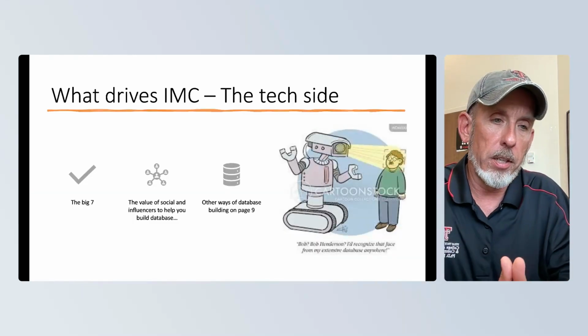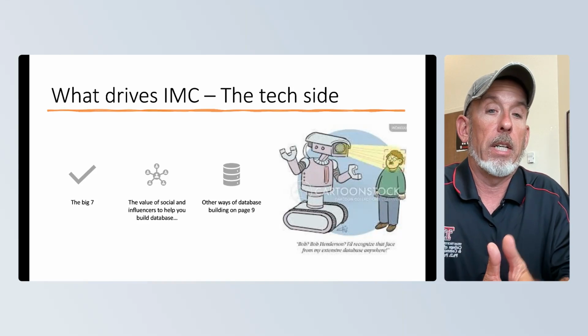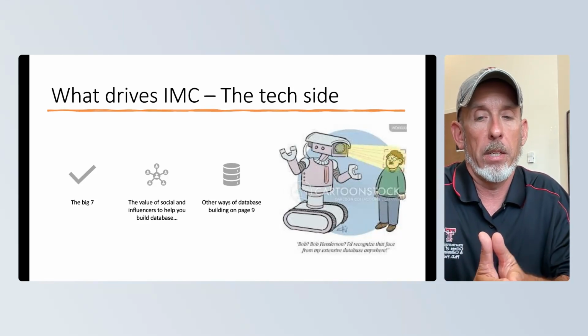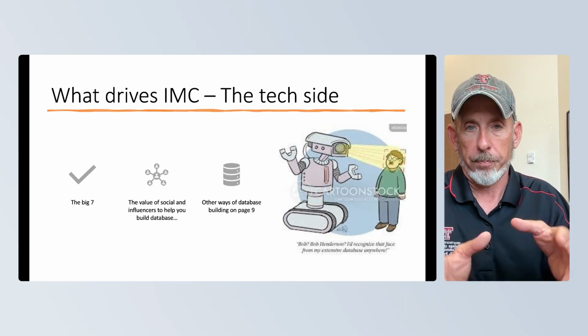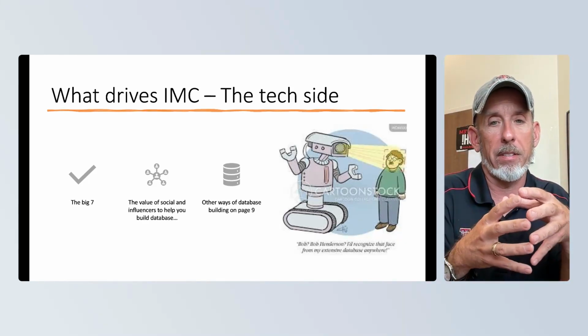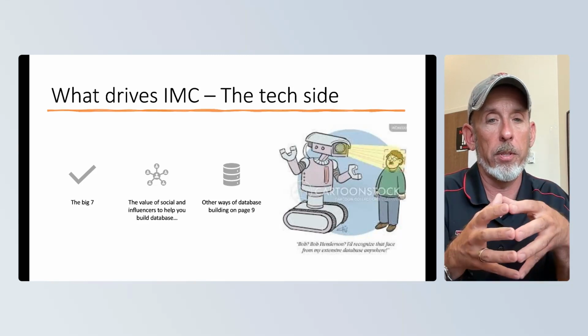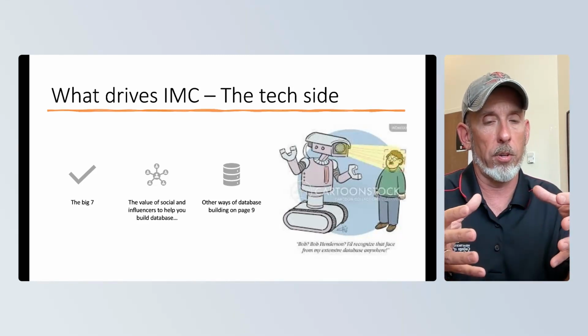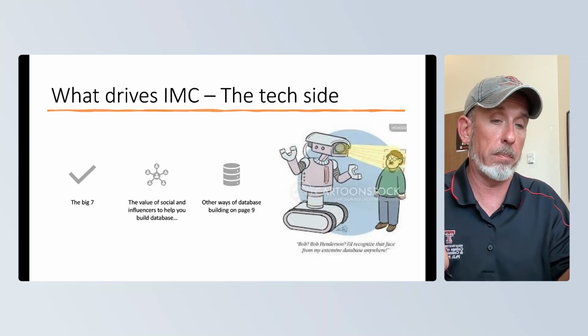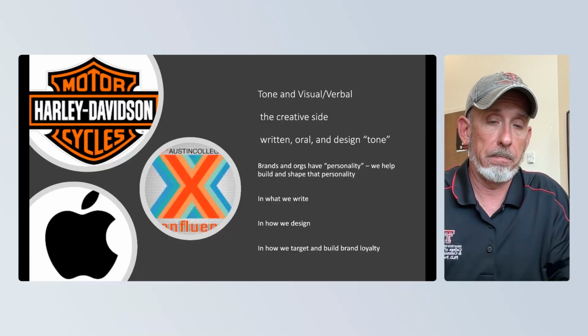Now, as I close this up, let me talk a little bit about what drives integrated marketing communication. Look at what Blakeman's going to say about the 7 pieces of an outline, social influencers, and database, of course. This back-end database that retailers can now purchase tells them a lot about their audience.